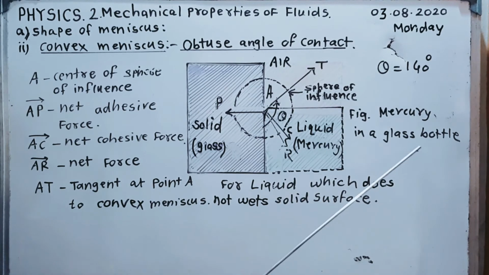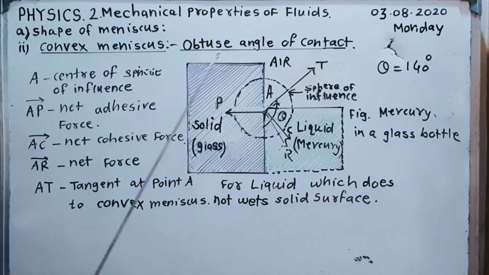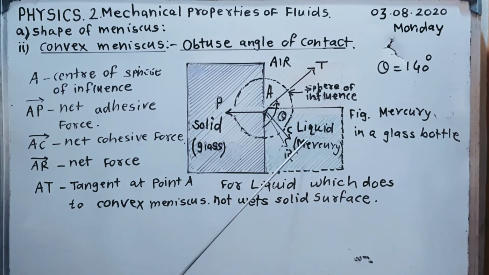For mercury in contact with glass, the angle of contact is obtuse, which is 140 degrees here, greater than 90 degrees. Now, if you refer to the figure, there is an obtuse angle of contact between the liquid under consideration, which is mercury, and a solid, that is a glass bottle or a glass beaker, as you can consider.